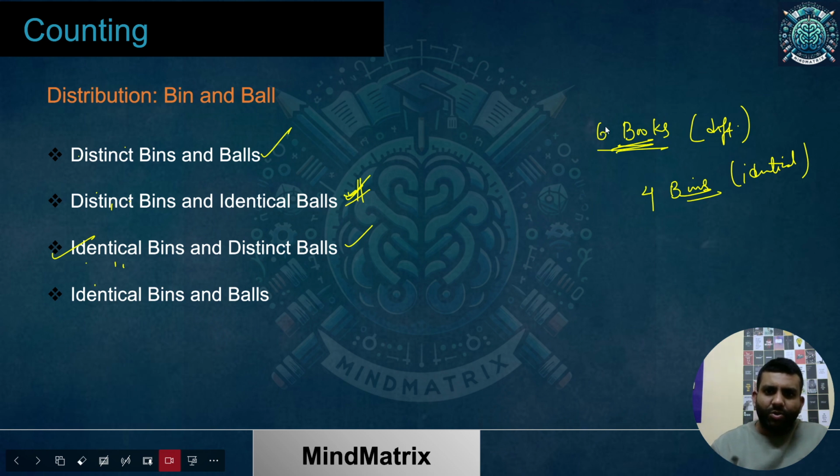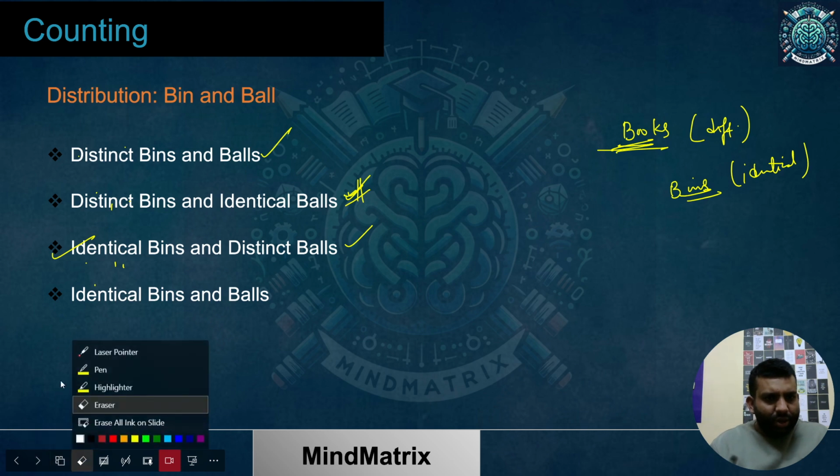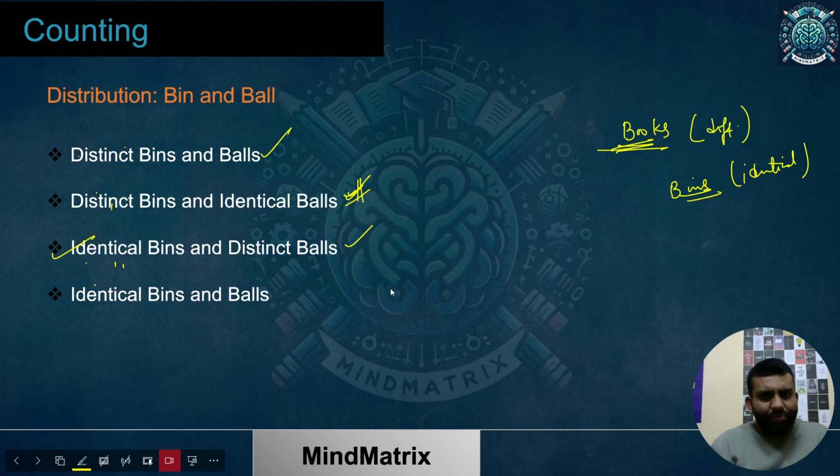Let me reduce this to 4 and 3. I hope 4 and 3 would be fine. So again the bins are like this only, 1 2 3. These are the bins I'm talking about.